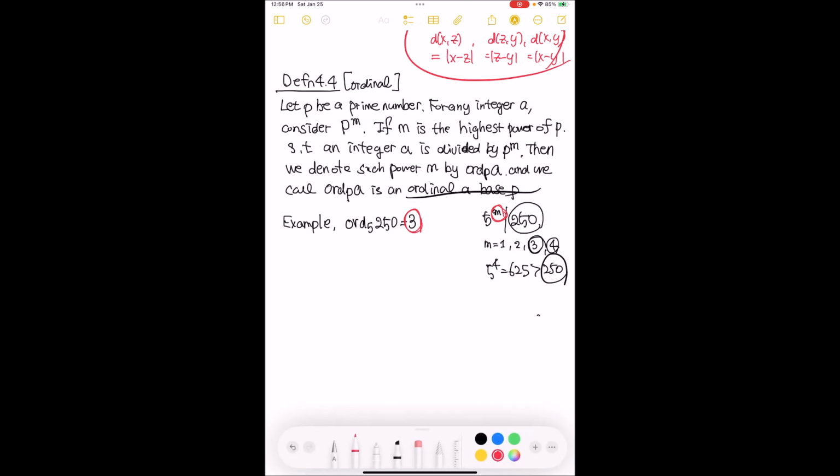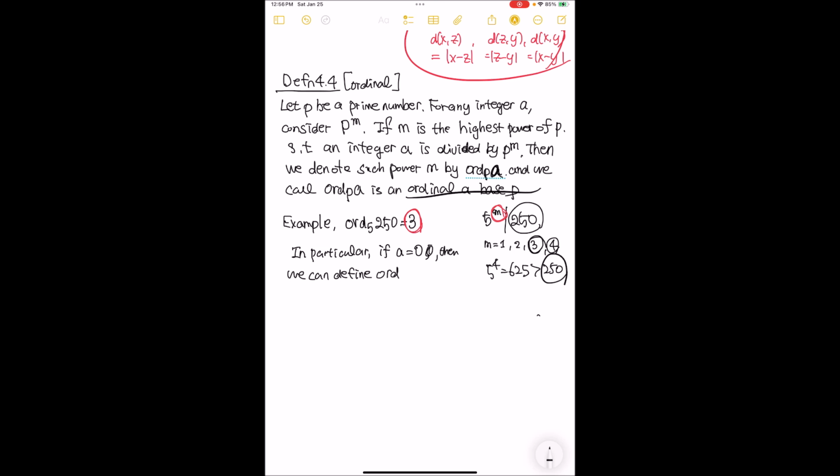And in particular, if a is 0, then we define ord_p(0) to be infinity.